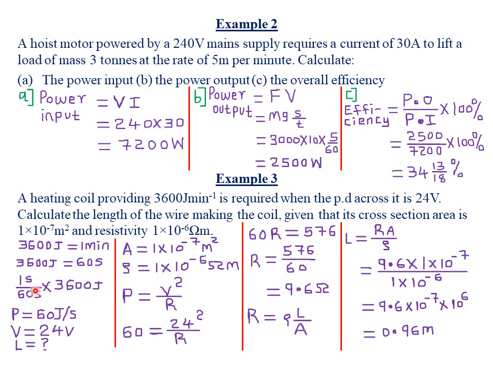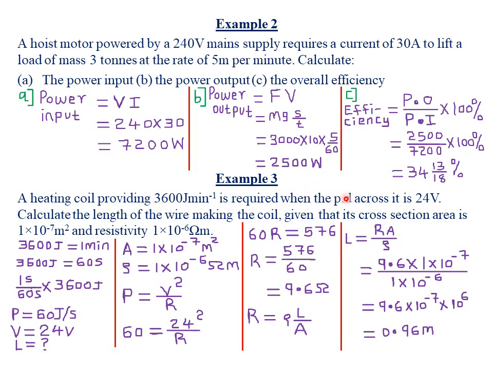Therefore, if you take 1 second over 60 seconds multiplied by 3,600 joules, you'll obtain a power of 60 joules per second. Remember, joules per second, we can as well write it as 60 watts. So now we have the power, which is 60 joules per second or 60 watts.